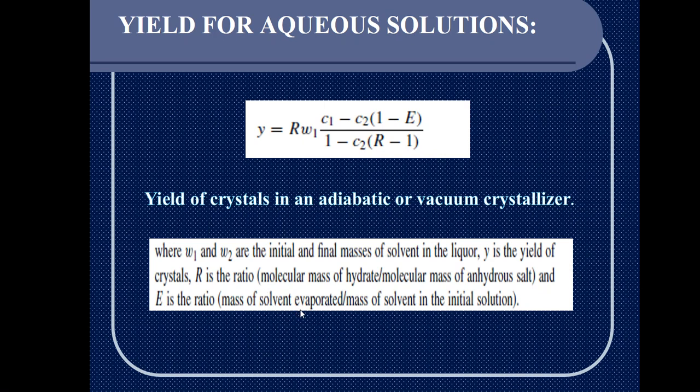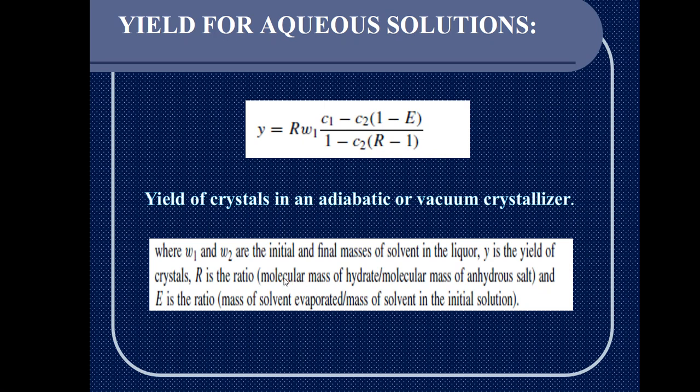Mass of the solvent that was vaporized, that is if there is evaporation, over the mass of solvent in the initial solution. In some problems, this E is 0 because we don't have a vaporized amount of solvent. The process of crystallization in this case is through vacuum crystallization, so we don't have a considerable amount of water vaporized.